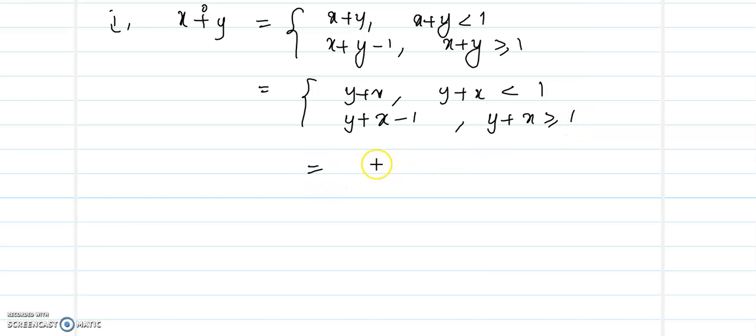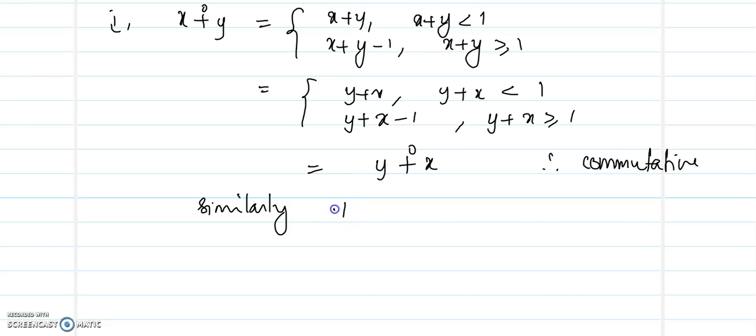So this is the same as y sum modulo x. Therefore the operation is commutative, and similarly, if you rearrange again, you can show that it is associative.